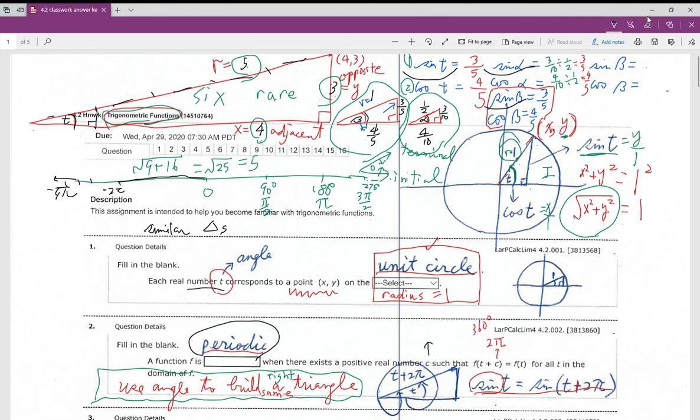This small triangle with angle t is basically the same triangle where you have angle beta. This beta actually is t. You can just insert this triangle into the tip of the big triangle. And I guarantee this will be 3 over 5 and this will be 4 over 5.